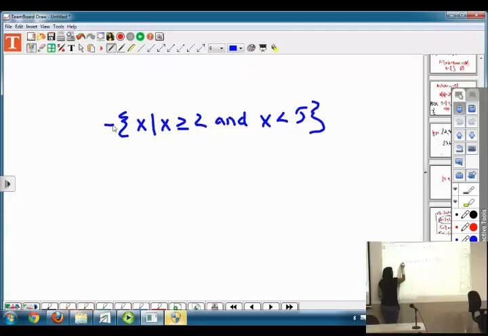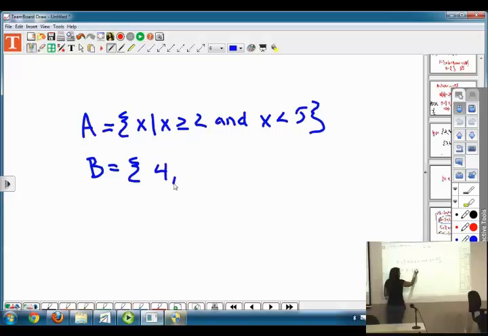So this is my new set A, and set B is equal to 4, 3, 2. I put it in a descending order on purpose because it doesn't matter. You guys are the same whether or not you sit in the same seats every time, right? You can order them any way you want. It still represents the same set of people.